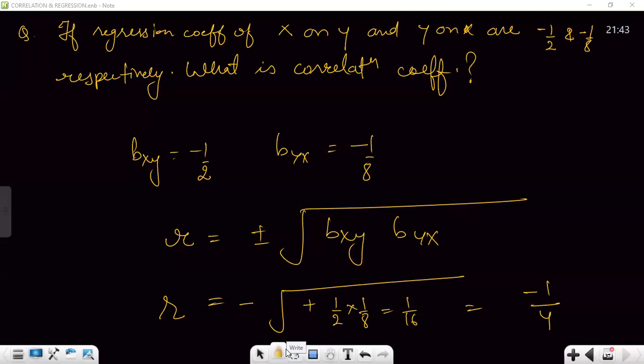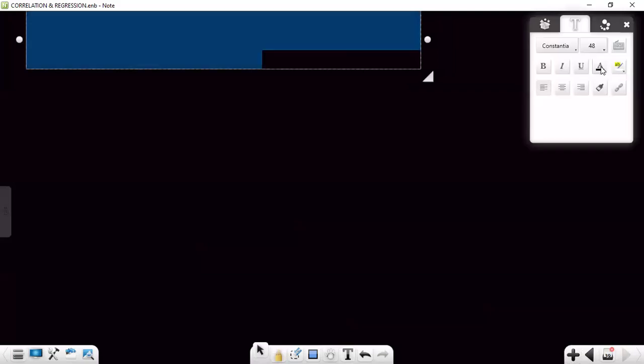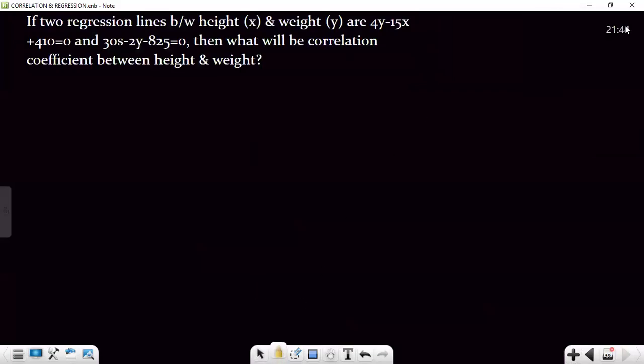I have to go to the next question. There are two regression lines between height and weight.